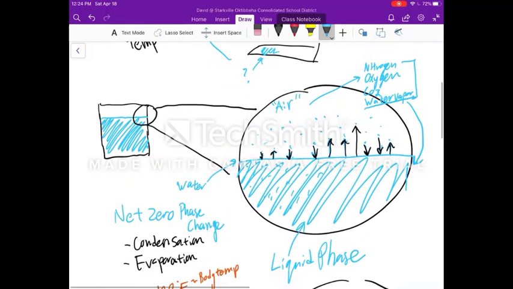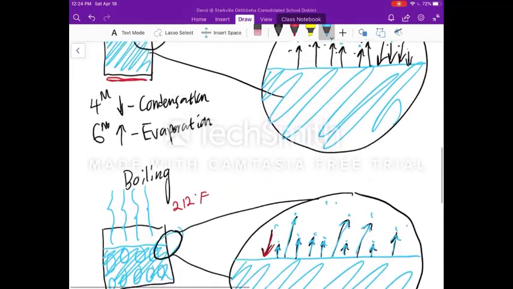And then when we're at room temperature, there's a net zero change, or nearly the same number of molecules evaporating as condensing.